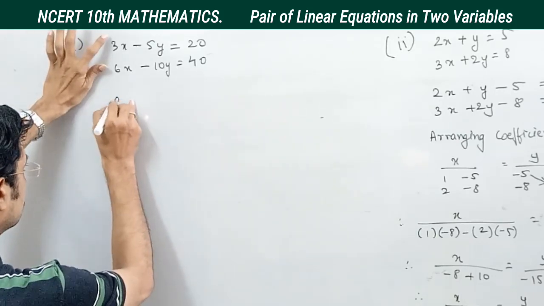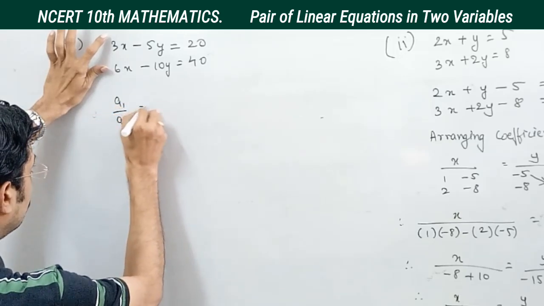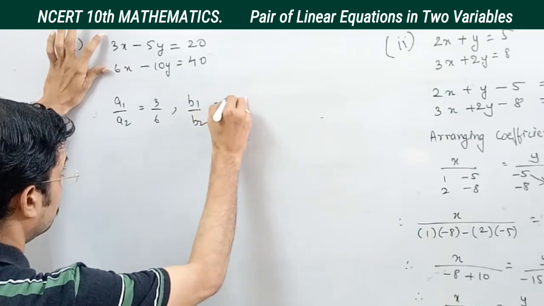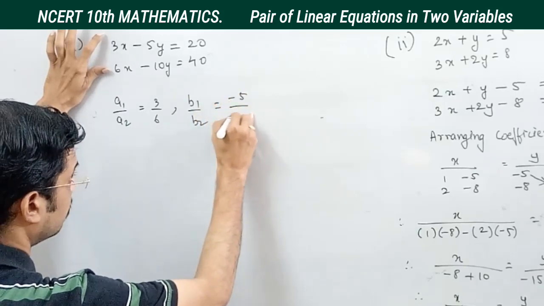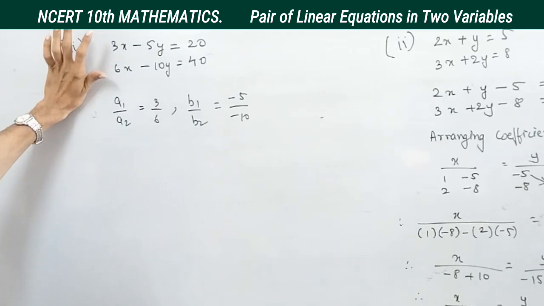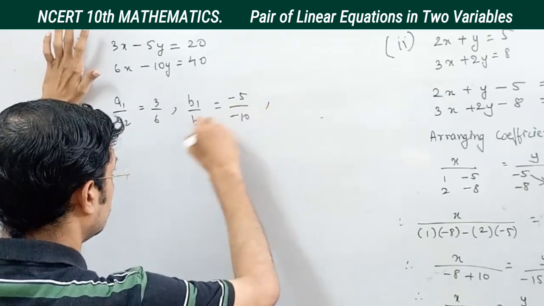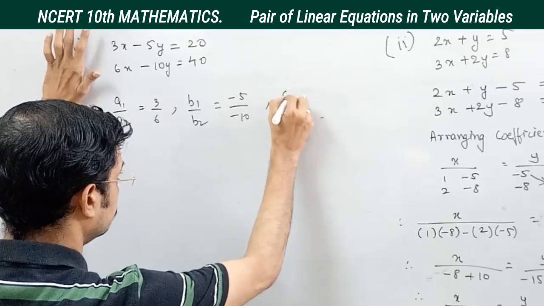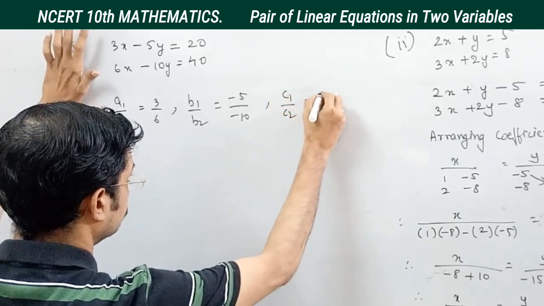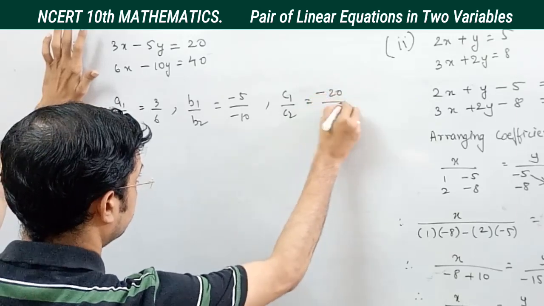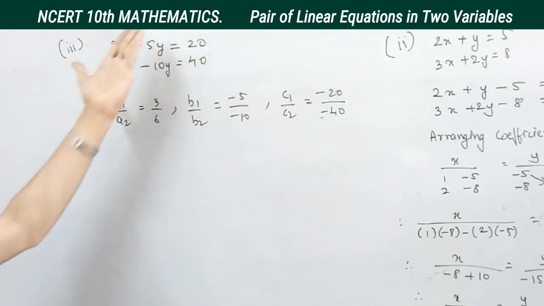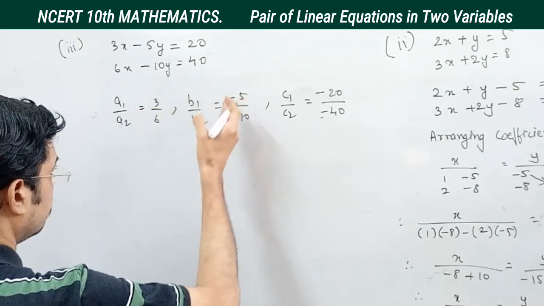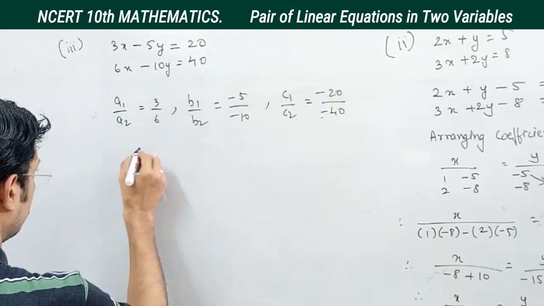So a1 by a2 equal to 3 by 6, b1 by b2 equal to minus 5 by minus 10, and c1 by c2 is equal to minus 20 by minus 40. I have taken the c on that side. So clearly a1 by a2 equal to b1 by b2 equal to c1 by c2. All of them are equal to 1 by 2.